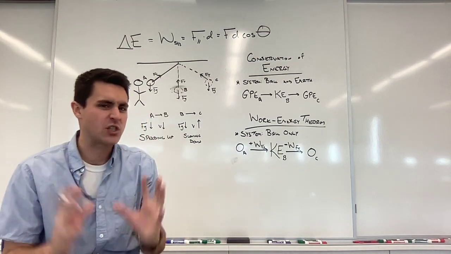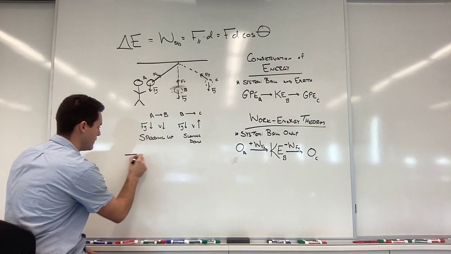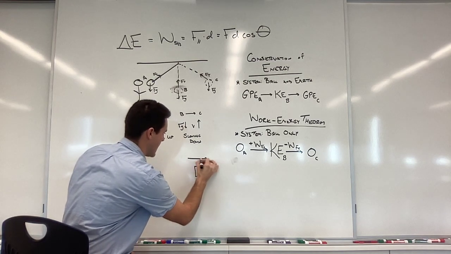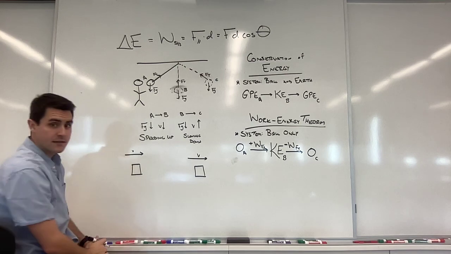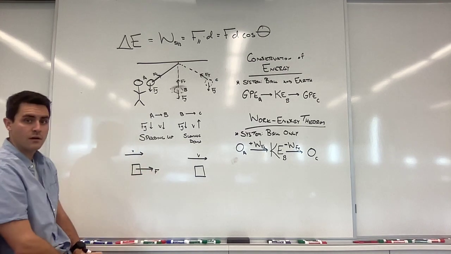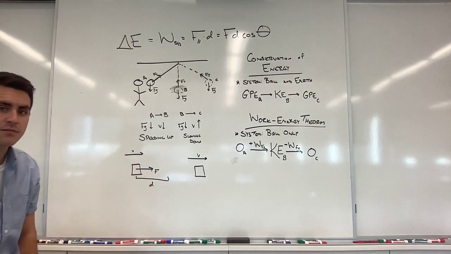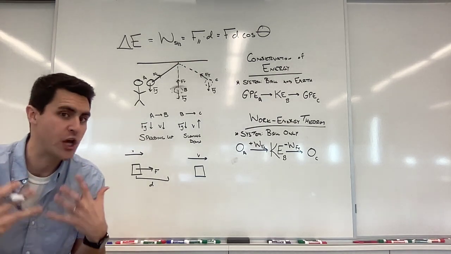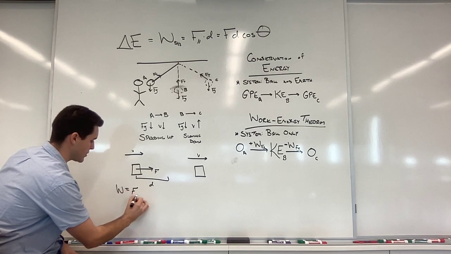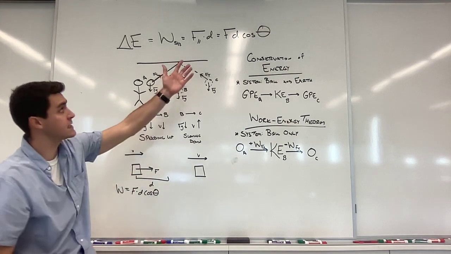If we think about a much more simple scenario, we think about an object that is moving to the right. I'm going to have two different scenarios, but in both cases, the object is moving to the right. If I apply a force on this object right here and move it a certain distance, let's call that distance d, the equation for change in energy or work is equal to force times distance cosine theta, like it says right there.